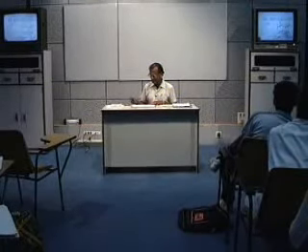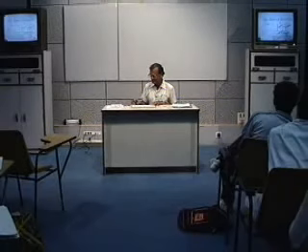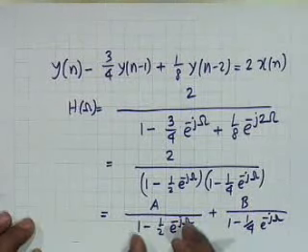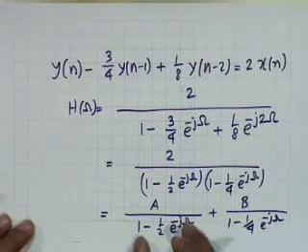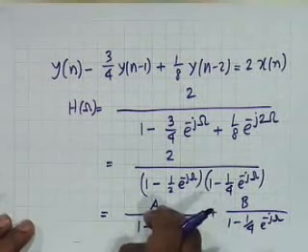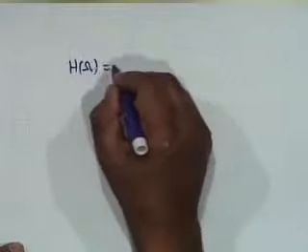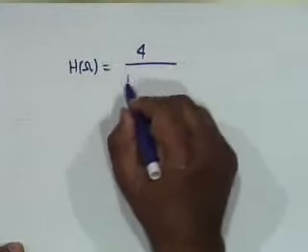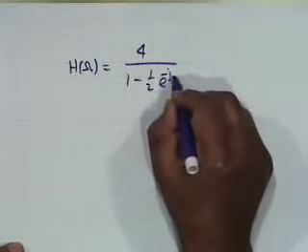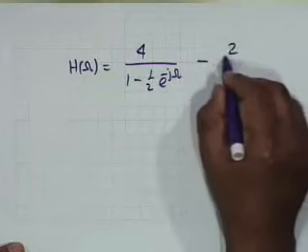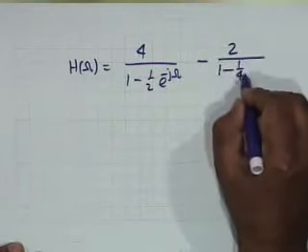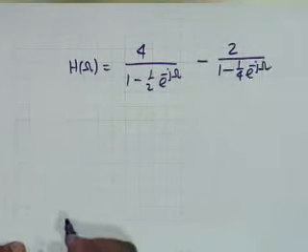Well, what you can do is multiply this function by 1 minus half e to the minus j omega and then put e to the minus j omega equal to 2. Then you find A. Similarly, you find B. And if you do that, the function becomes H of omega is equal to 4 over 1 minus half e to the minus j omega minus 2 divided by 1 minus 1/4 e to the minus j omega.